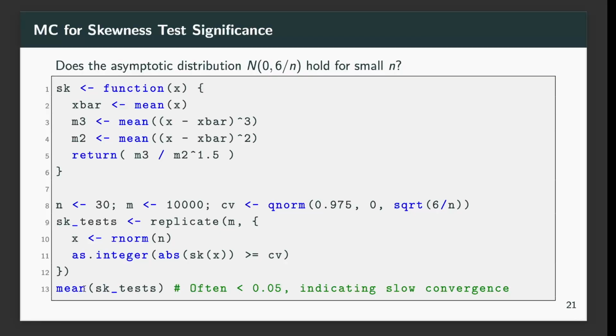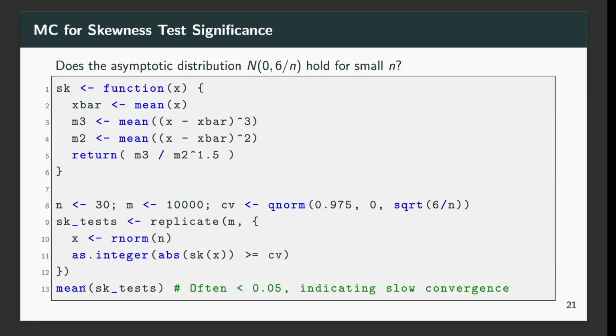What it means is that the asymptotic theory has not kicked in yet when n is equal to 30. So the normal approximation to the distribution of the skewness statistic is not accurate enough at this level of sample size, which will cause the test to reject less often than it should.